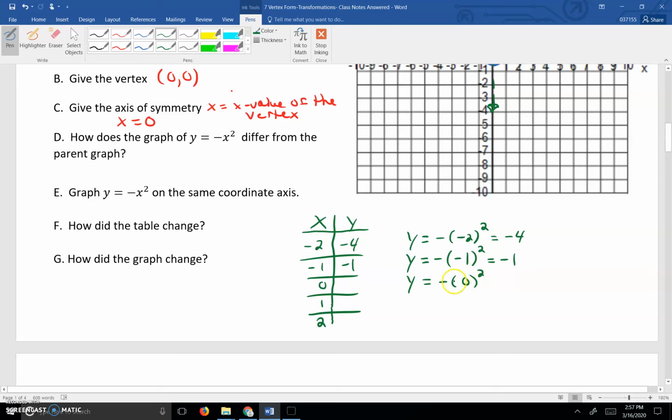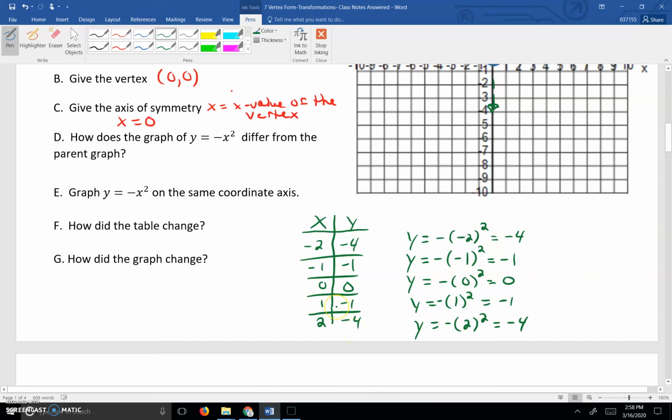So 0 times itself is still 0. The negative of 0 is still 0. Then y equals the negative of +1 squared. So 1 squared is 1. The negative of that is -1. And finally, y equals the negative of +2 squared. 2 squared is 4. The negative of that is -4.